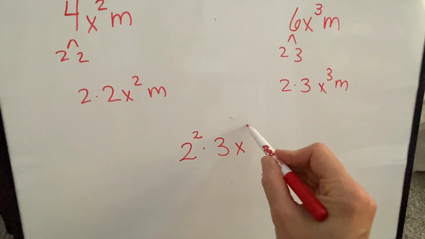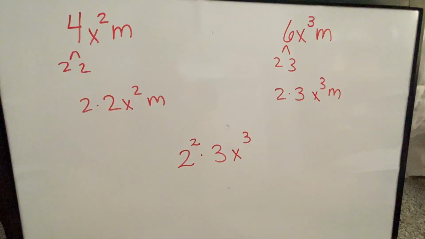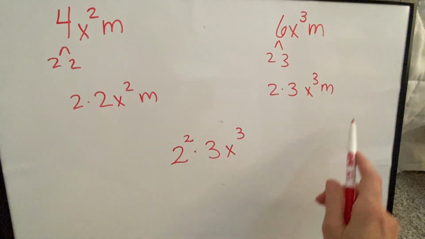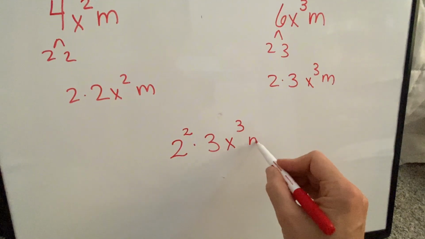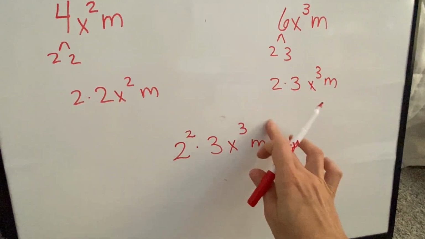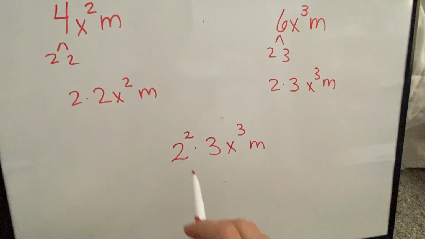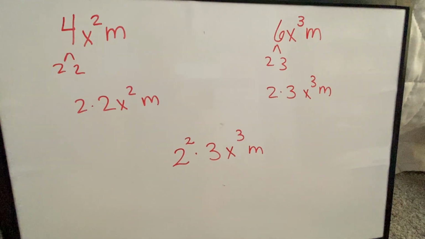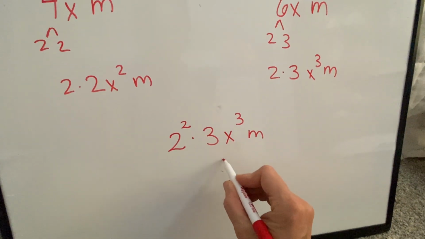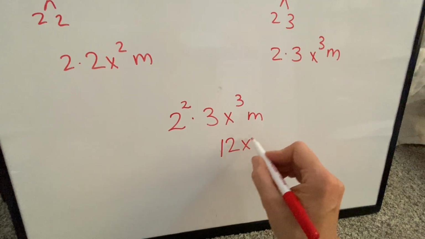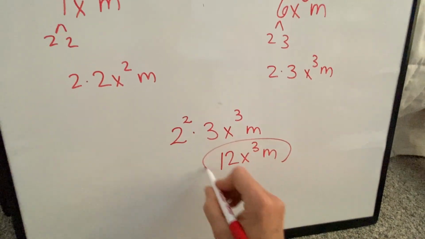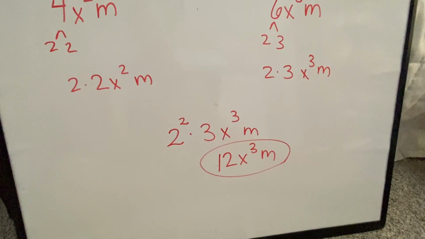Well, we want the bigger one, so we're going to go with x cubed over here. We've got 1m here and 1m here, so they're no different from each other, so we're just going to put m, okay? So 2 times 2 is 4, 4 times 3 is 12. 12x cubed m should be our answer.